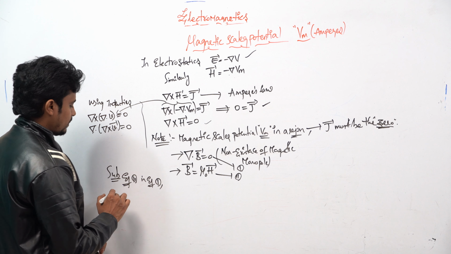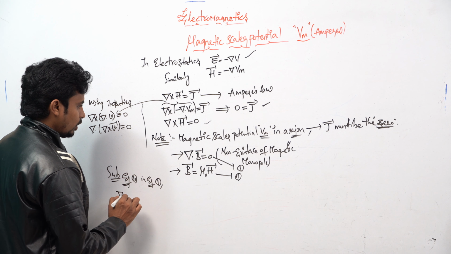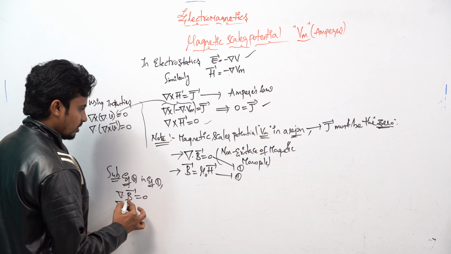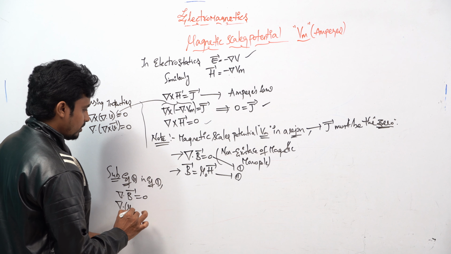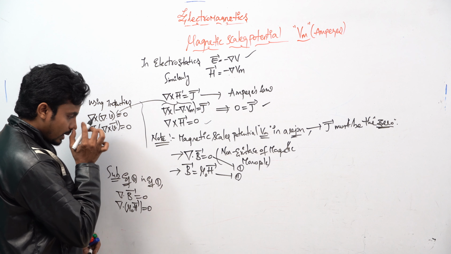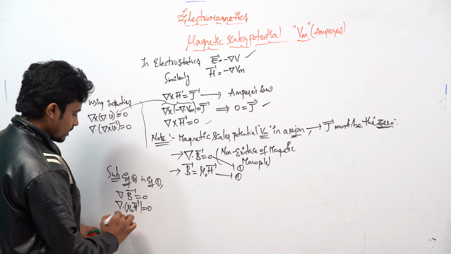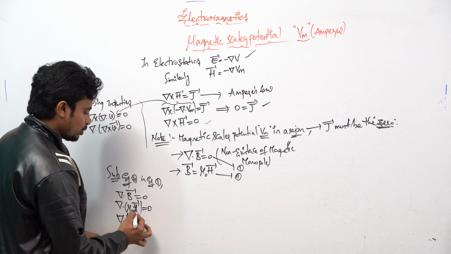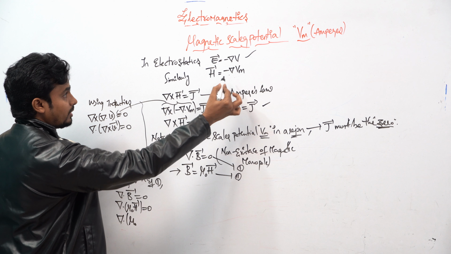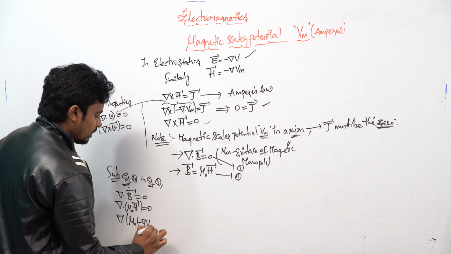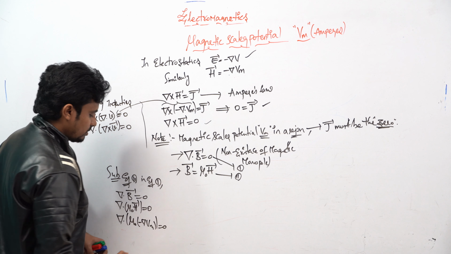What will happen? So del dot B bar is equal to 0. Here, del dot of B bar, that is mu naught H bar, is equal to 0, right? Here you can see, this is del dot of mu naught of H bar, that is minus del Vm, equal to 0.